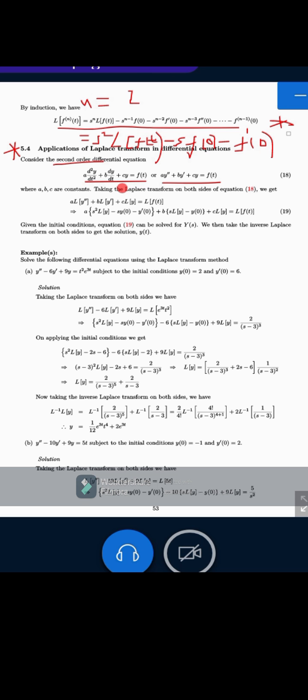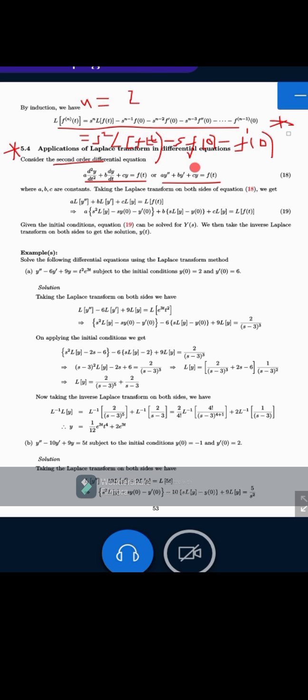So taking the Laplace transform on both sides. Usually the first step, if you are given your differential equation in this form, is to write your differential equation to take this form.